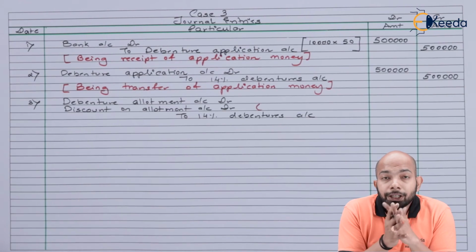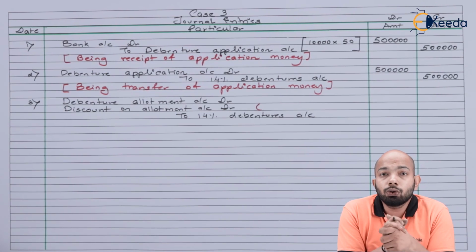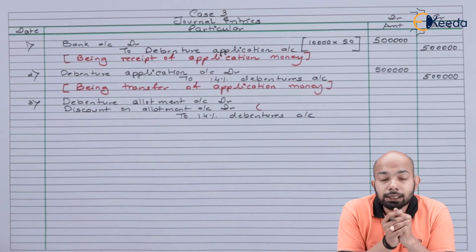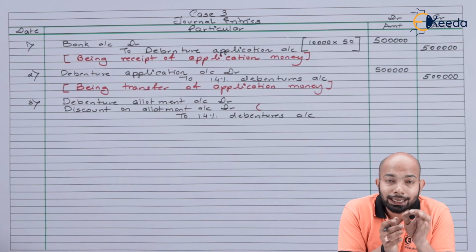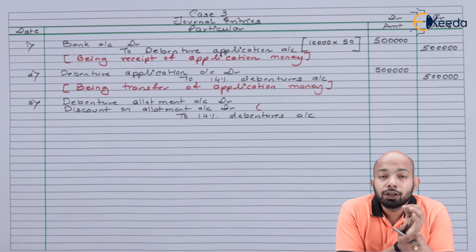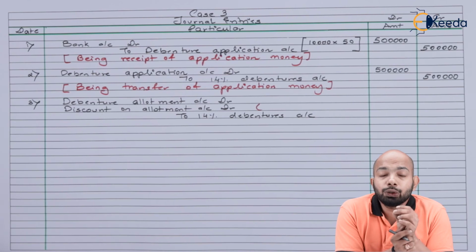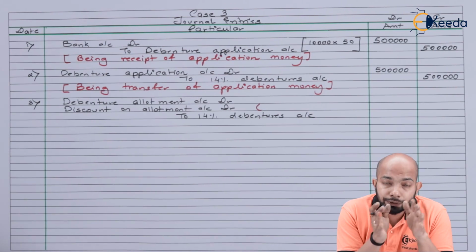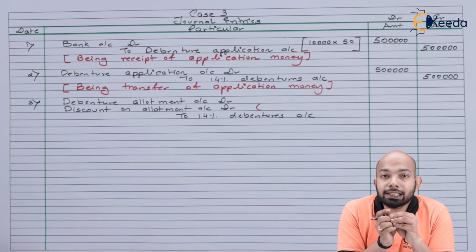The allotment money was 65 rupees. However, this doesn't include the discount of 20 rupees. Hence, 65 plus 65 gives you 130 rupees, to which if you add 50 rupees, that is a total of 180. So you have to add the discount total here, and only allotment is 65 rupees. So make sure you don't confuse yourself there.